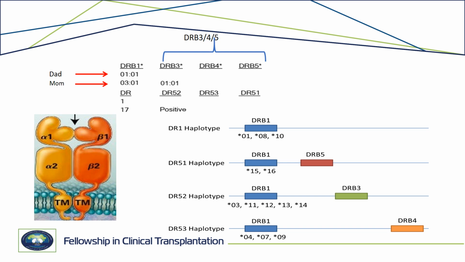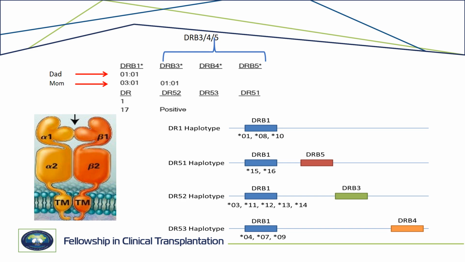The other thing we do typing for is the DR345, and if you remember the haplotypes that we were discussing earlier, and the strong association between the DR beta 1 and the DR beta 345, from the DR beta 1 you can predict the DR beta 345. So in this example, the haplotype that was inherited from the dad is DR beta 1*0101. And you can see that this DR beta 1 haplotype doesn't have any association with the 345.